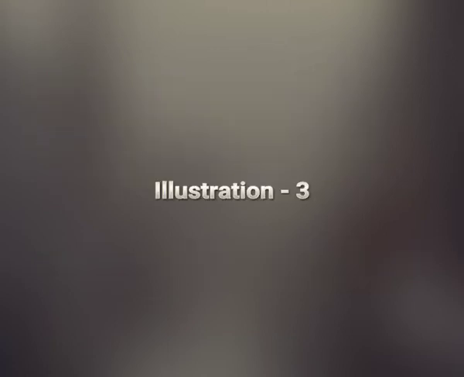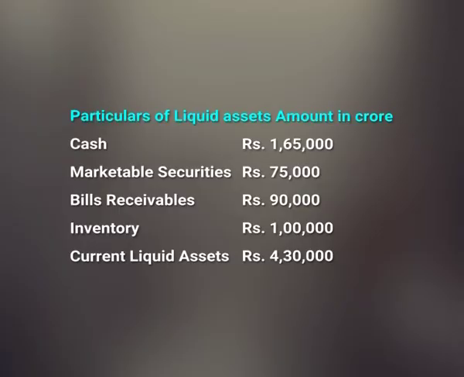Now, we will see one illustration on this. You are given the following information: particulars of liquid assets on one side and the amount on the other side. Cash is given to us as rupees 1,65,000, marketable securities rupees 75,000, bills receivables rupees 90,000, inventory rupees 1 lakh, current liquid assets rupees 4,30,000.